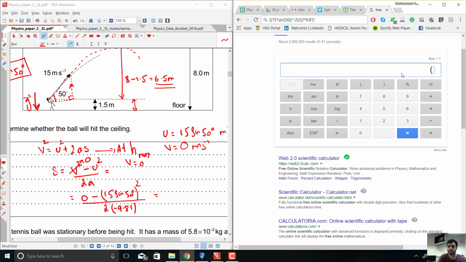So 15 times sine of 50, bracket close, whole squared, divided by brackets 2 times 9.81, bracket close. The result is 6.73, correct to 3 significant figures.